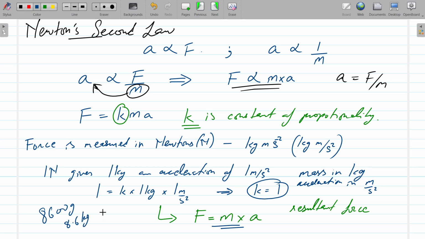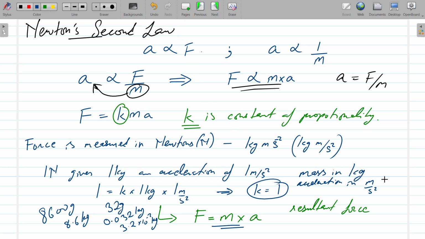Or if it's a small mass, for example, 32 grams, that is 0.032 kg, or 3.2 times 10 to the power minus 2 kg if you want to convert that to standard form. So yes, you will need to convert it into kilograms.